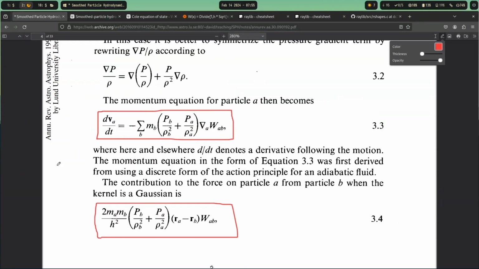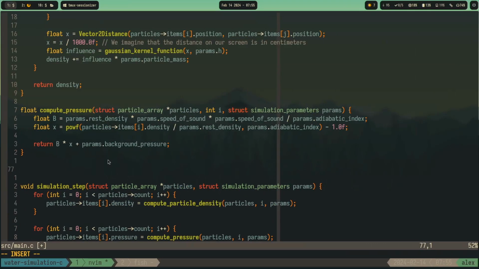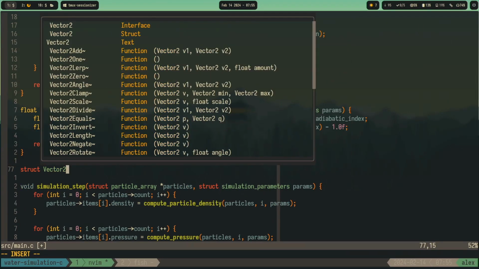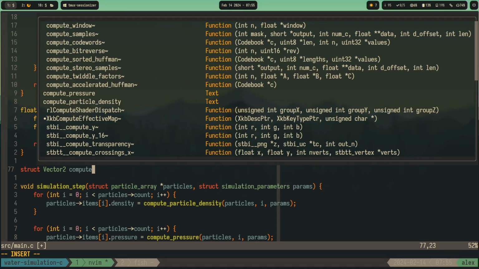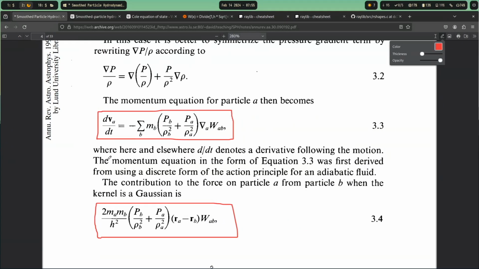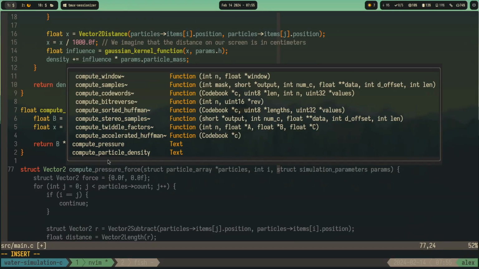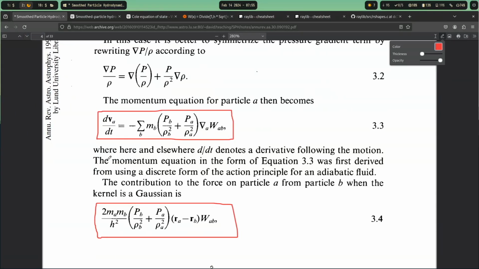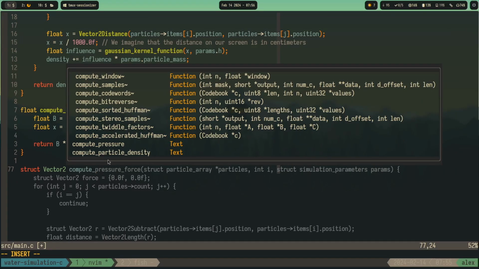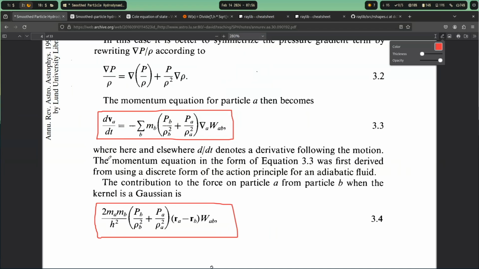Let's do structure vector 2 compute. It should be like momentum or pressure force. I mean, I would say, yeah, it's pressure force basically.